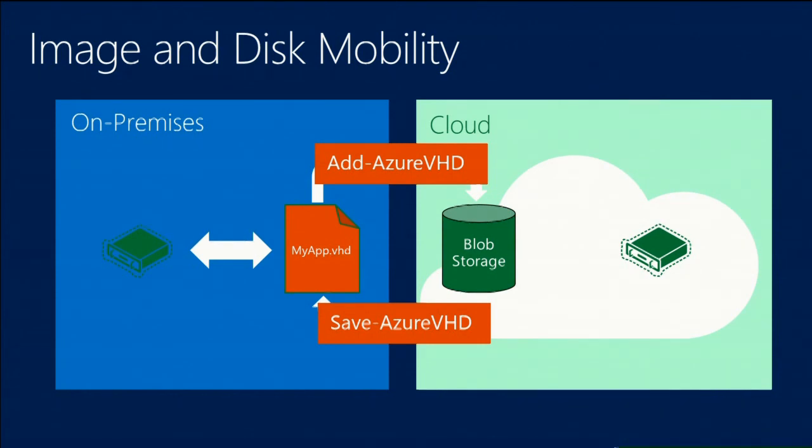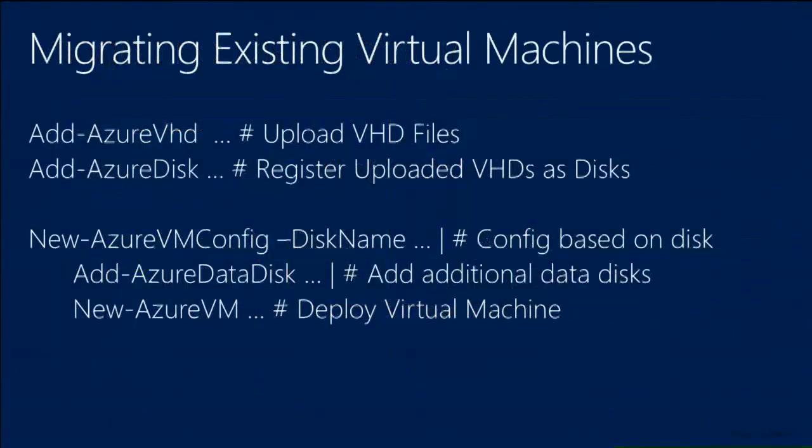So if I have a 127 gig VHD file that has my OS in it, and the OS has only taken 30 gigs, it doesn't upload the other 97 gigs of empty bytes. It really just uploads the bytes that are written on the disk, and the other 97 gigs it just ignores and puts that up in the cloud. So it's a very optimized upload. And same thing for download. We don't download a bunch of empty bytes for you over the wire. It figures out the file format before it even downloads it.